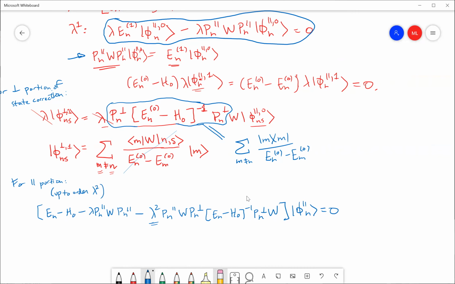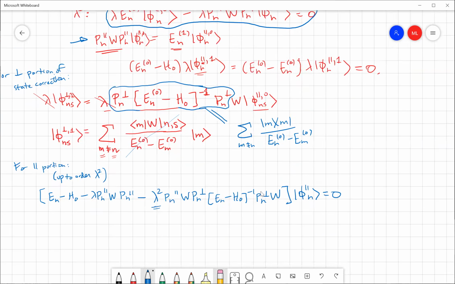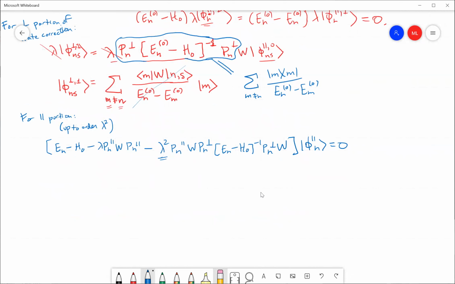So now we have to stare at this equation and see what is going on. And what's going on is that this looks just like a perturbation problem, right? It's not very obvious to see, but it kind of looks like it.